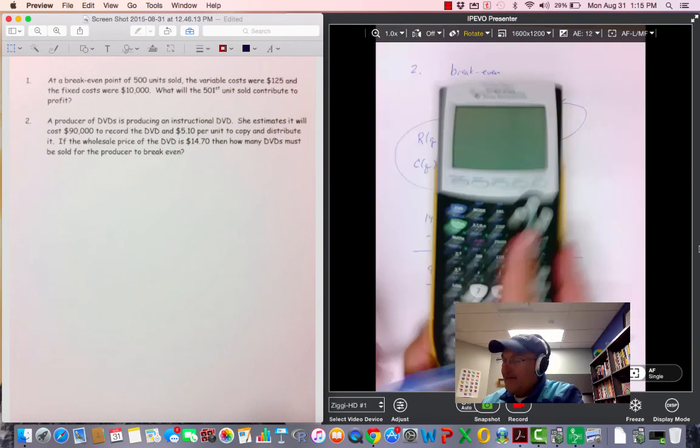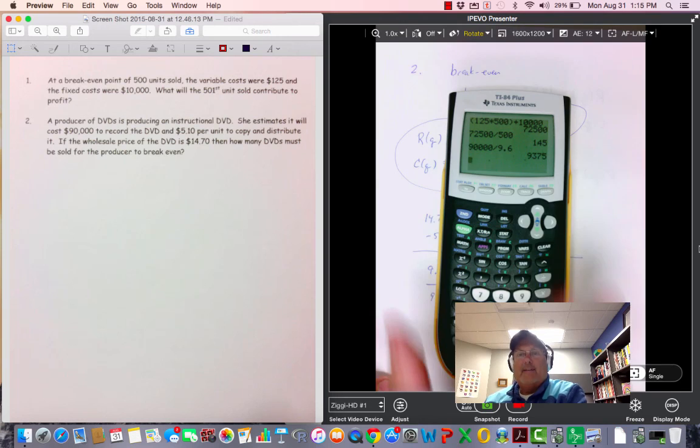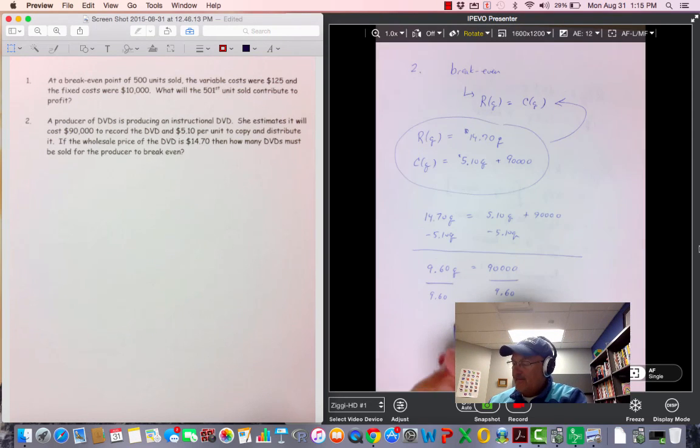I'm going to use my calculator here because I don't like to do that stuff otherwise. So we get Q equals 90,000 divided by 9.6, and we get 9375 DVDs.